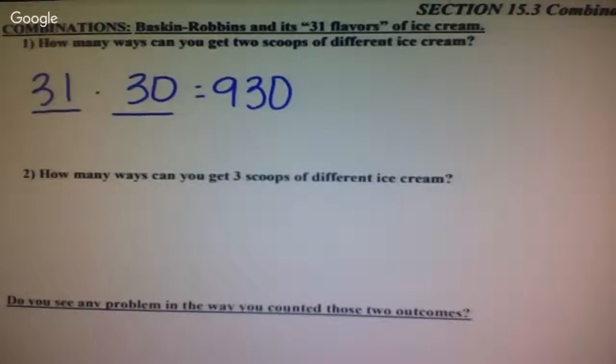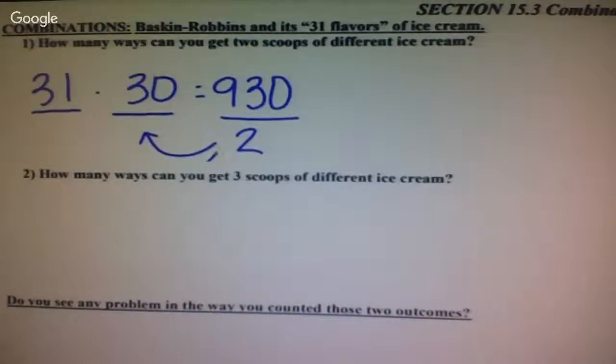Okay, but we overcounted, because we counted chocolate and strawberry and also strawberry and chocolate. So the way we take care of this is we need to divide by 2.